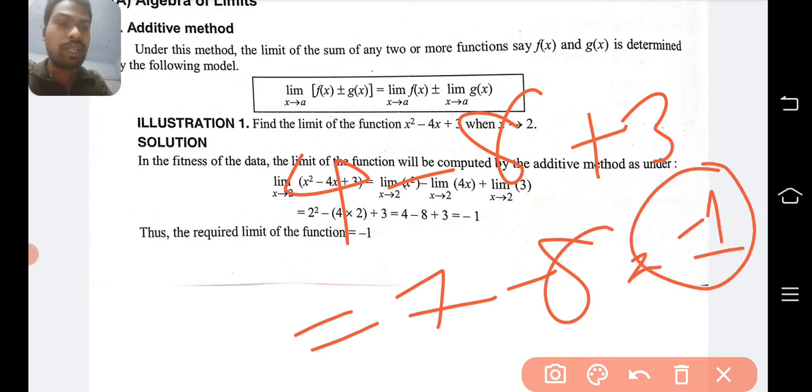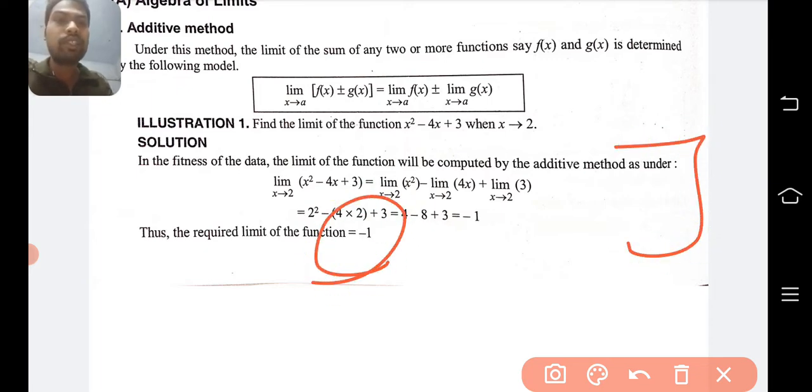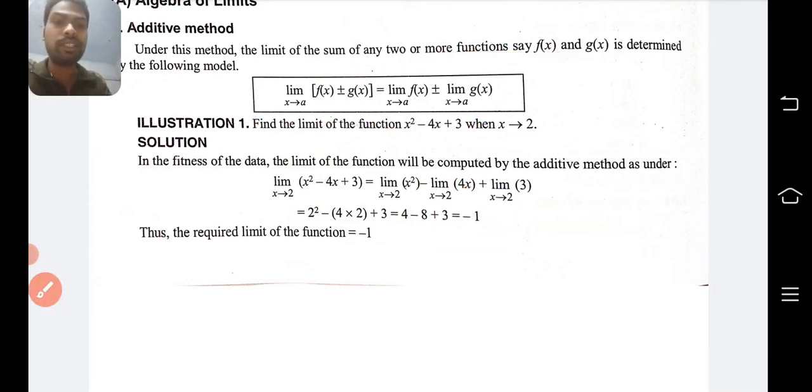It means the limit of this function is equal to minus 1. Clear? So in this way, in the additive method, we can get the limit. We take each term separately, put in the limit and calculate the limit of each term separately, and combining that we get the limit of the function value. Clear? I think clear.